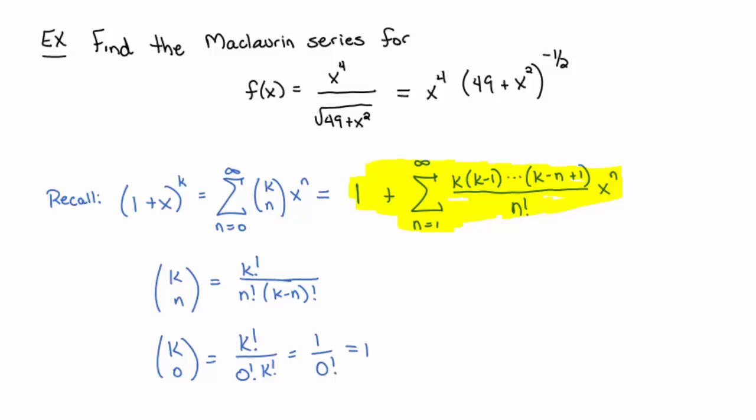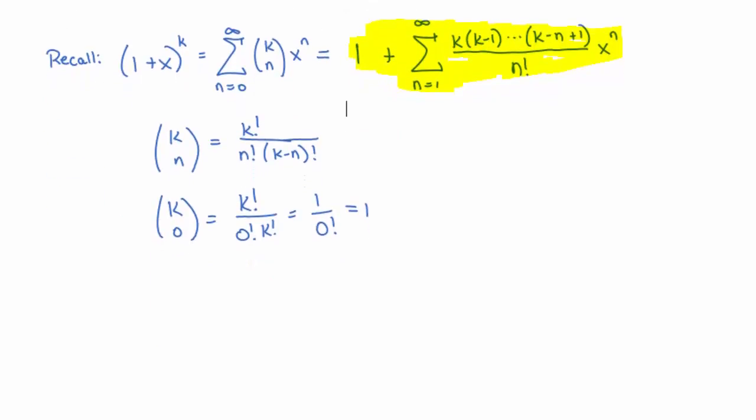So let's go ahead and scroll down a little bit. I'm going to rewrite the function just so we have it on the screen. So I know that f of x is equal to x to the fourth times quantity 49 plus x squared, and again that's raised to the negative 1/2. And what I'm going to do is write it as 1 plus something.